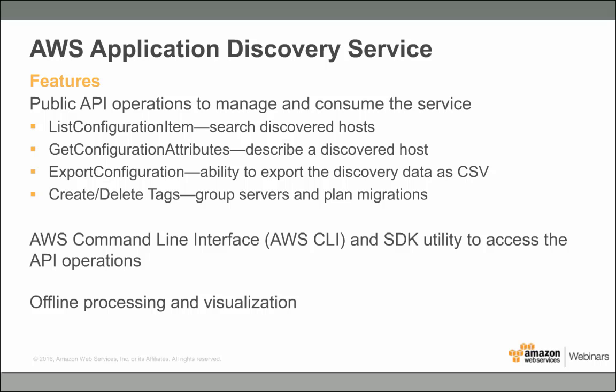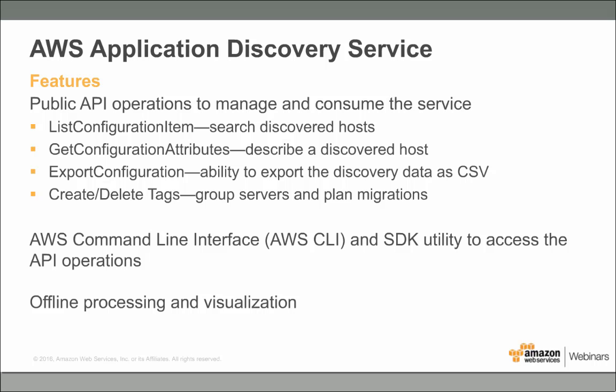There are quite a few operations that the APIs will support. A few of them are listed on the slide. For example, list configuration items. When you run this API, all the discovered hosts will be listed as an output of the list configuration items API.